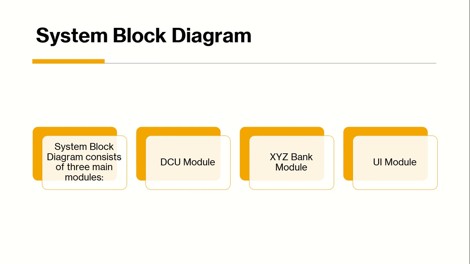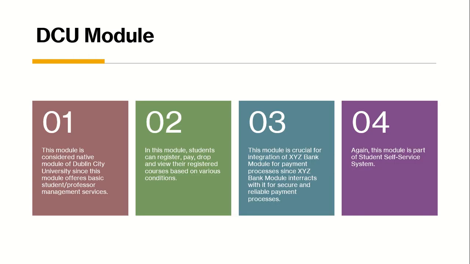So about the system block diagram. The block diagram consists of three main modules: DCU module, bank module, and UI module. So let's start with the DCU module. First point is that this is considered a native module of the DCU, since this module offers student or professor management services, so this is nothing new here.